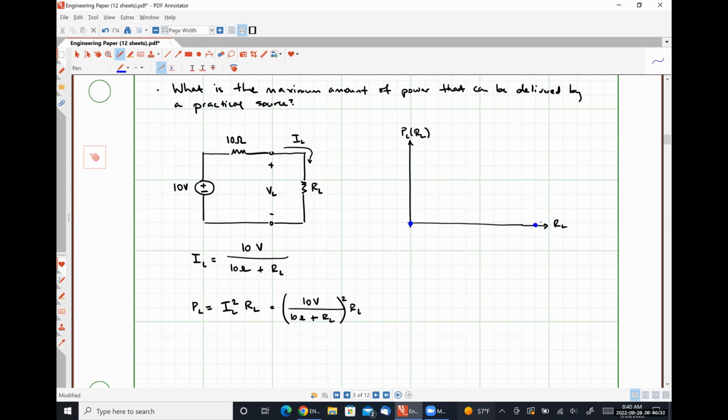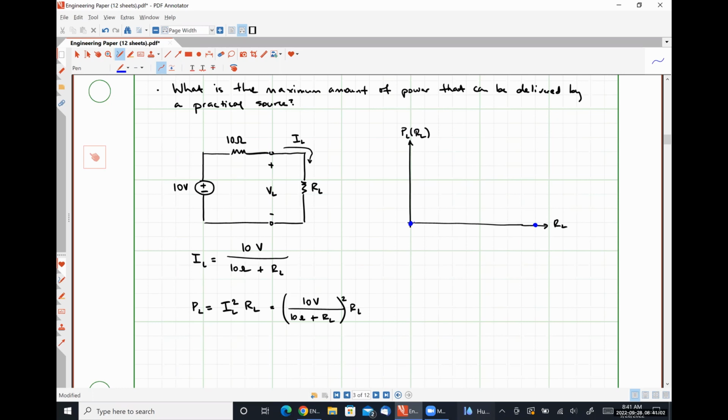Way out over here, we are approaching an open circuit. Effectively when the resistance gets incredibly large, the resistor is behaving more and more like an open circuit because it is letting less and less current flow through it, up to some point when, once we hit that infinite value, the power delivered to that load resistance is once again 0.